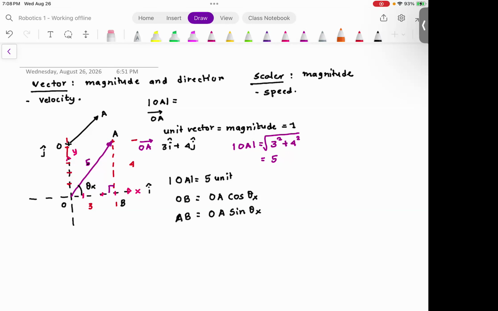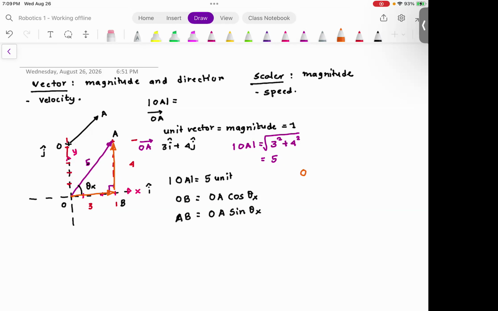And why is resolution important? Because remember, there are 2 vectors. One vector arrow is pointed towards the right, the other vector arrow is pointed up. So this vector is representing 3i and the other vector is representing 4j. So you have this vectorial representation and the final resultant vector, which is very important.